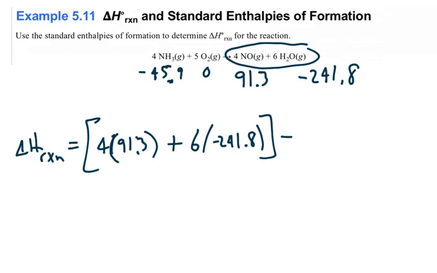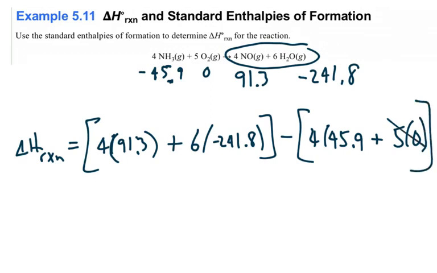That will be the sum of the products minus the reactants. There are 4 NH3, so we multiply that by 4, 45.9. And then we add it to the oxygen, which is going to be a moot point. There are 5 oxygens, but that part's going to be 0.